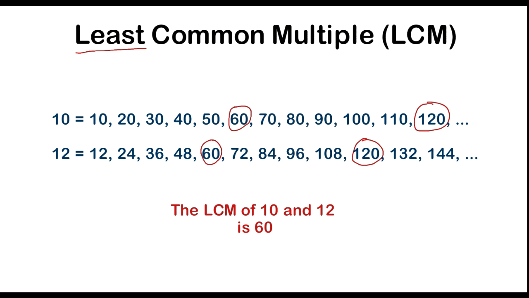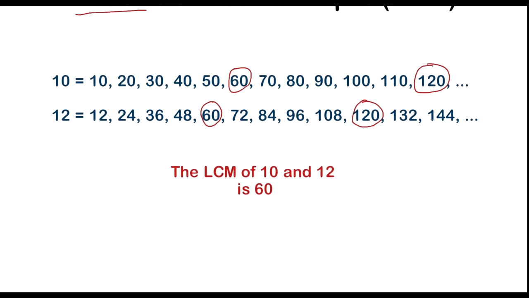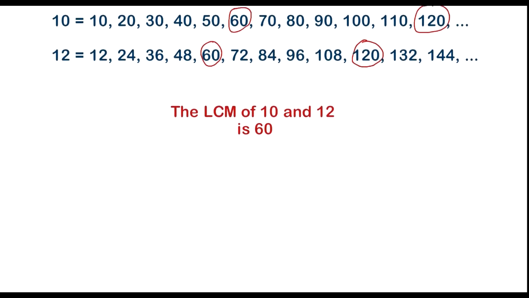We have prime factorization. We can find it with the help of prime factorization. But there is another way I will suggest, because if you try to find it with prime factorization, sometimes students get confused with finding the GCF. So I recommend one other way. Let's see.